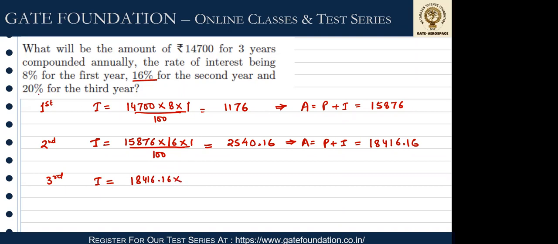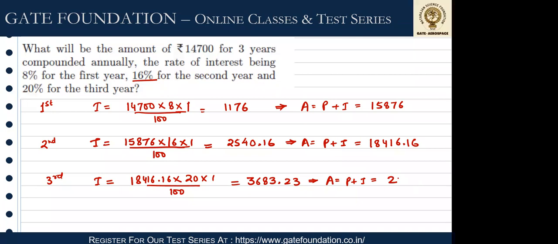So 18416.16 into जो third year का interest that is 20% for 1 year divided by 100. So this will become 3683.23. This is the interest, and the amount will become principal plus interest, that is this whole interest plus 18416.16.